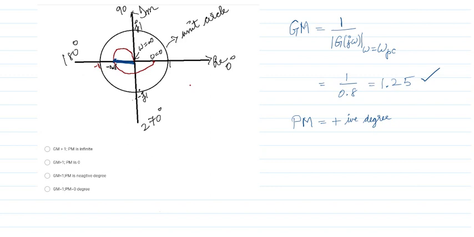For a stable system in a polar plot, gain margin should be greater than 1. Here we are getting 1.25. For this, the corresponding phase margin should be a positive degree. Among these options, the most suitable is gain margin greater than 1 and phase margin infinite. It's not really an infinite degree; I can say a positive degree.